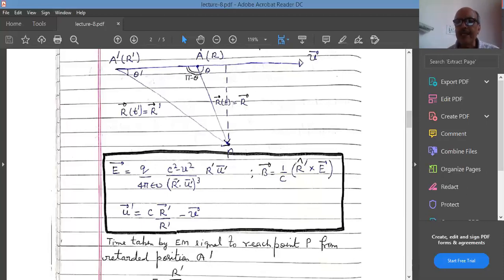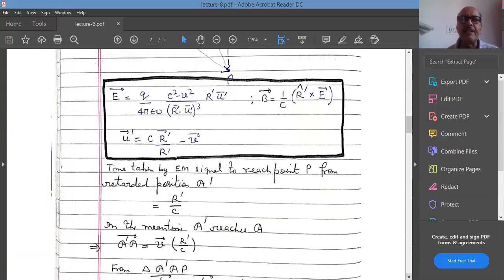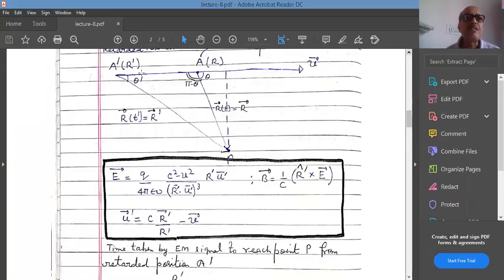So the time taken by the electromagnetic signal to reach the point P from the retarded position A dash is R dash upon C, and in the meantime A dash reaches A. So we can write the vector A dash A to be equal to the velocity vector into the time, velocity into time, so R dash upon C. So our vector A dash A is now equal to the velocity vector V multiplied by the time taken by the electromagnetic signal, starting from the retarded position to reach the point of observation.